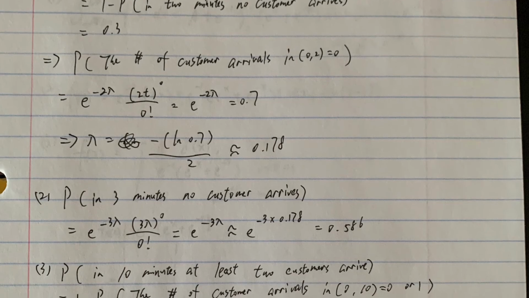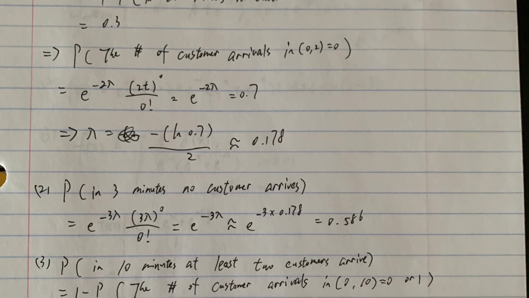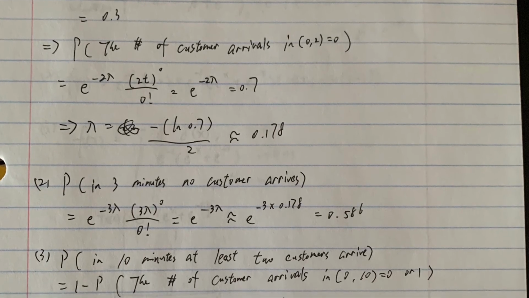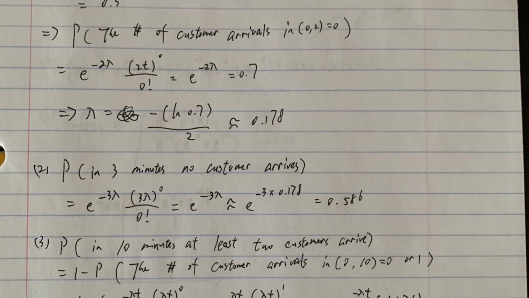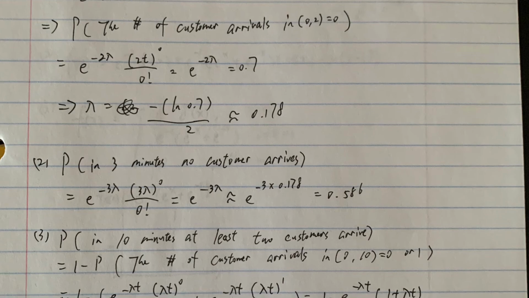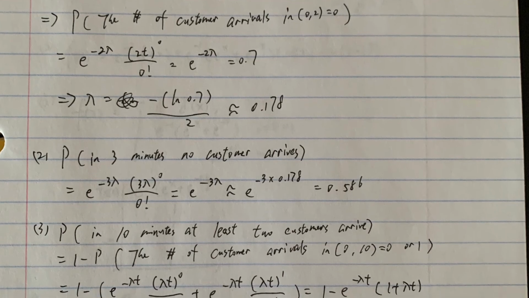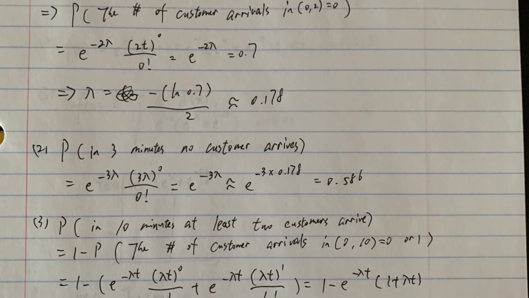So we get 1 minus e to the power of minus 1.78 times (1 plus 1.78).